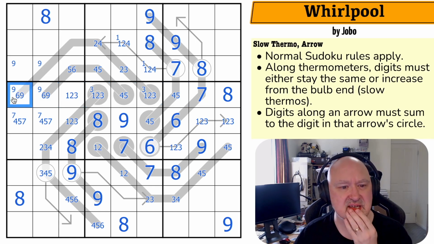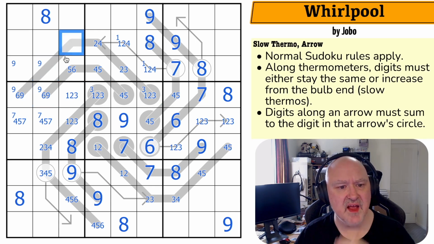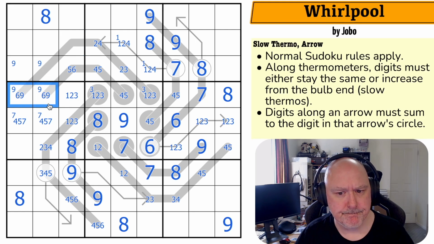Can that be a 6? 6, 6, 5. It might be. But that's a 6, 9 pair. 1, 2, 3, 4, 5, 6, 7. Not sure.